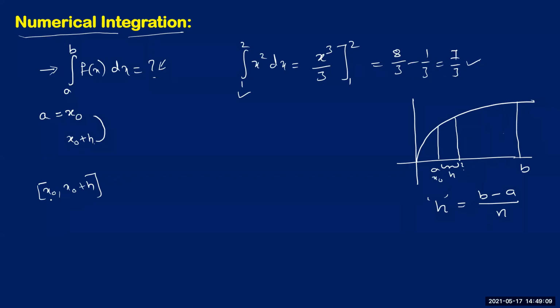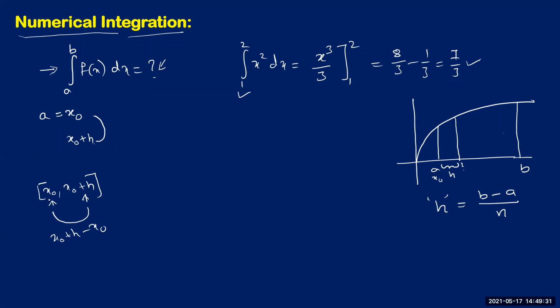Now, when I take this initial point as x naught, then the end point here must be at a distance of h units. Why h units? Because the interval width we considered is h. That's how, if you calculate the width or length of this interval, it is x naught plus h minus x naught, like how we did b minus a here.